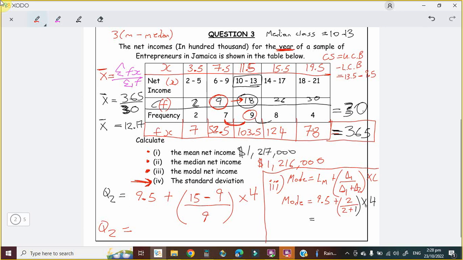How much do you get, Jaden? 12.16. So same as above. When you convert it to 100,000, it's how much? Exactly. So it's 1,216,000. So again, it showed that mean minus mode is positively skewed. Mean and mode just happen to be the same in this example, coincidentally.